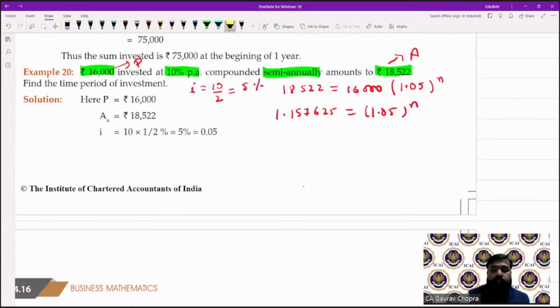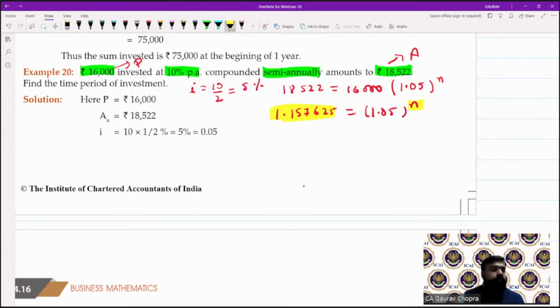Now you have to check what should be the value of n. What should we put in place of n, so that you can get this figure. So you can put the value of n and check what you are getting.